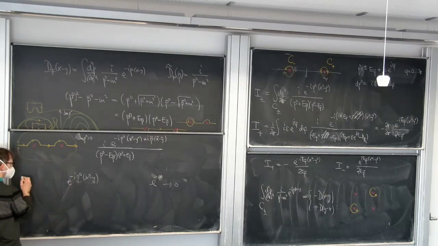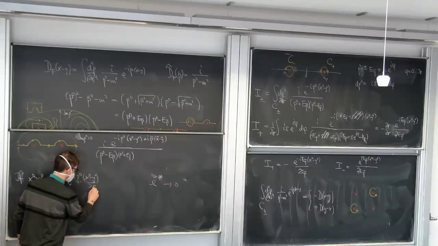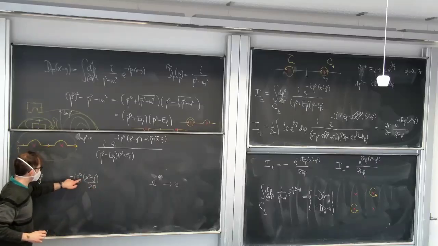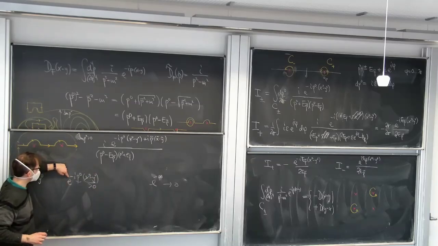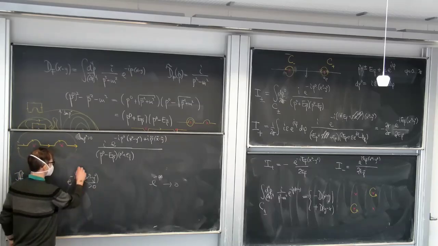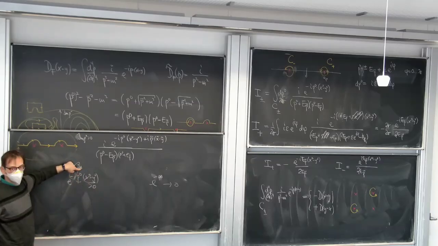So let's say, if x0 is larger than y0, then this thing is positive. And I want the whole thing to be a very negative number. This is I times something, this becomes plus, so the something should be negative.